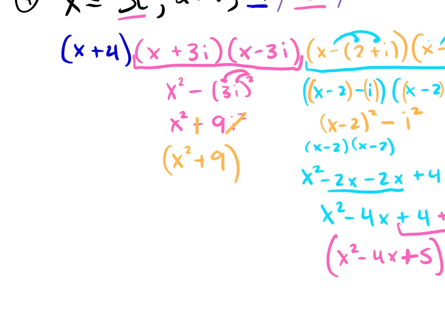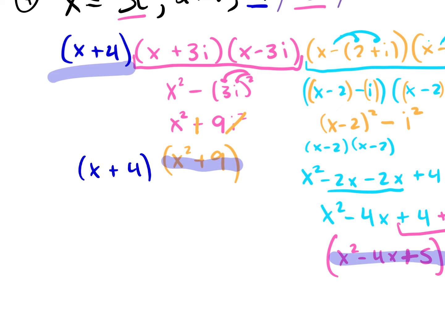So then I still have this x plus 4 to multiply. I don't know if there's a best way of what to do next. I could just multiply these two together and then multiply it by the third one here. So let's do that. We have x plus 4 times x squared plus 9.